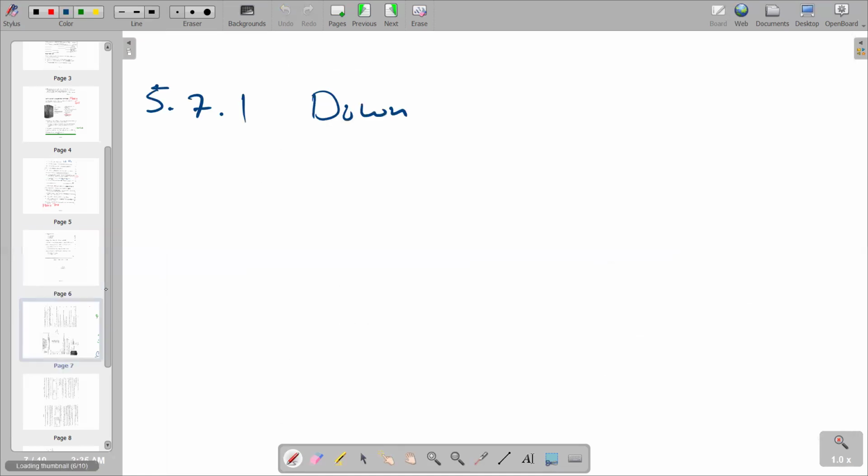So we're just giving a brief description. Download. To download is basically to extract a document from the internet and place it onto the hard drive of a device. So basically, that's the description that we have in terms of downloading.